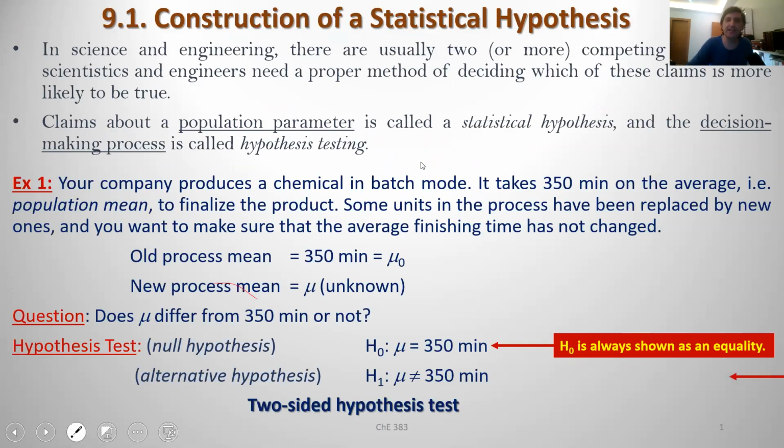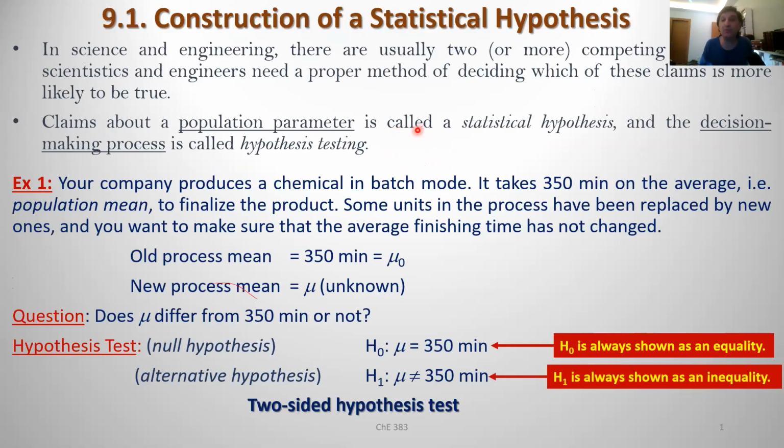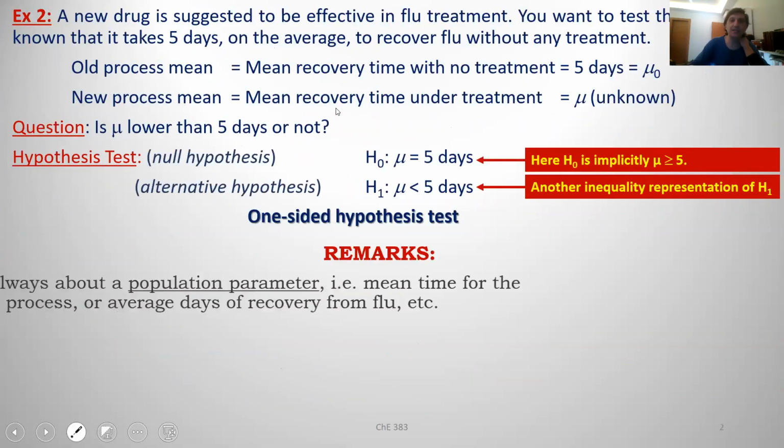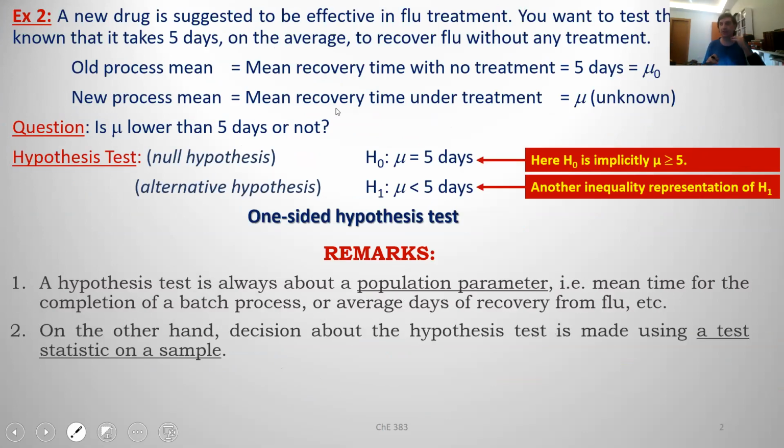In the forthcoming slides, the construction of the statistical hypothesis will be on population parameters, whereas the decision-making process, the testing itself, will include samples and sample statistics, estimators, their properties, all that stuff. Now we are only concentrating on how to construct the hypothesis itself. So this is the first remark that I would like to point out.